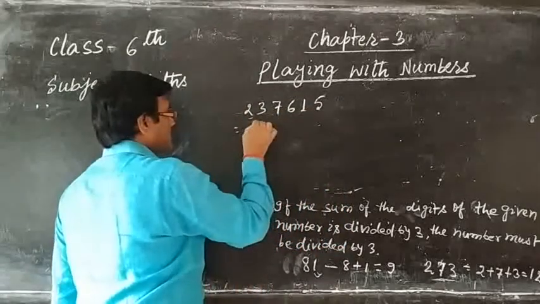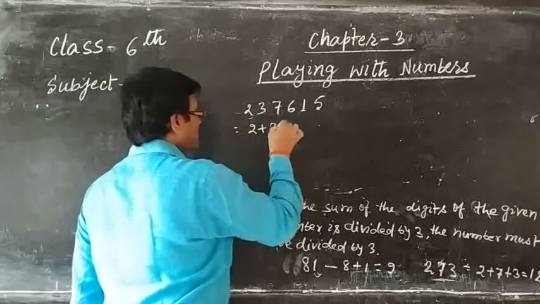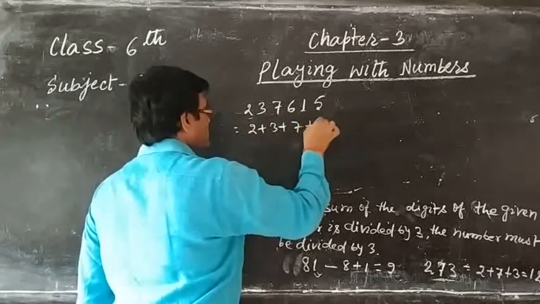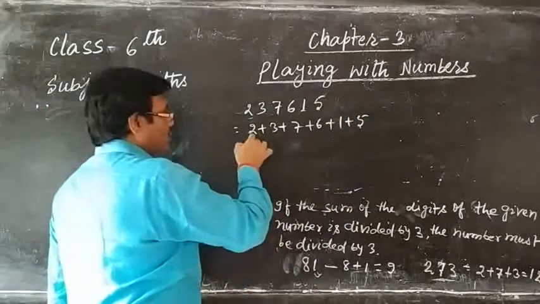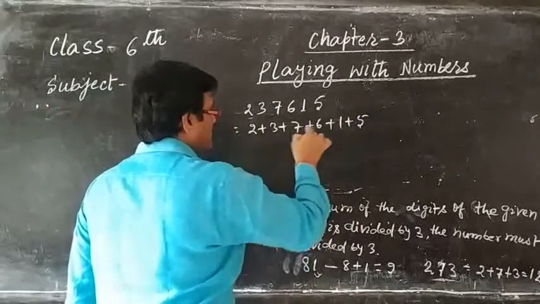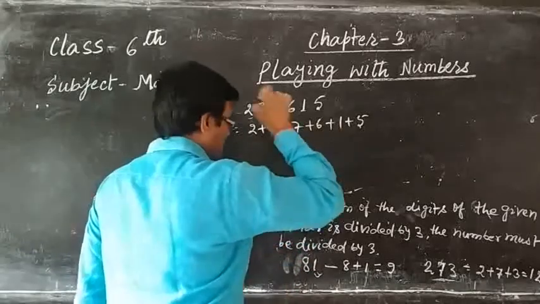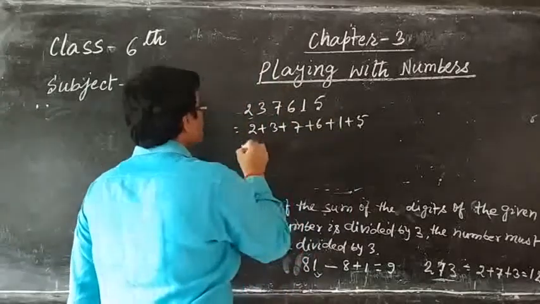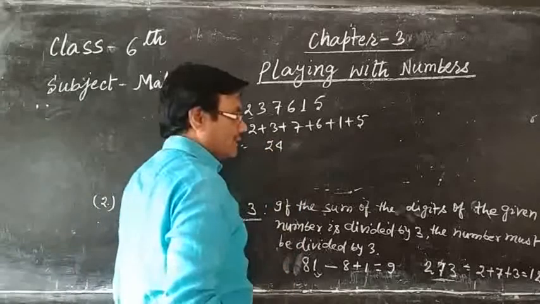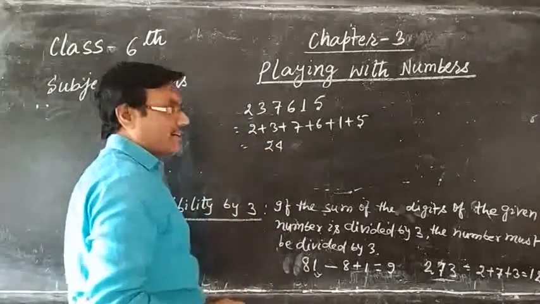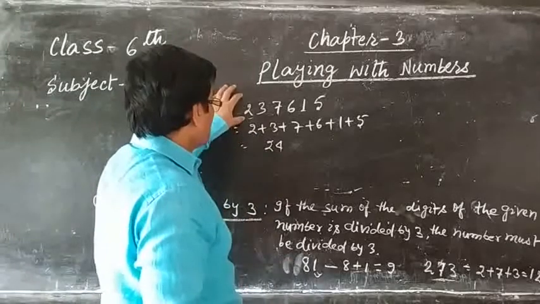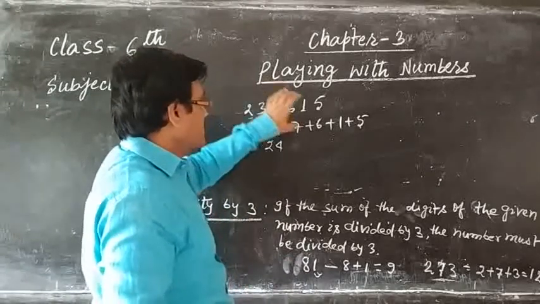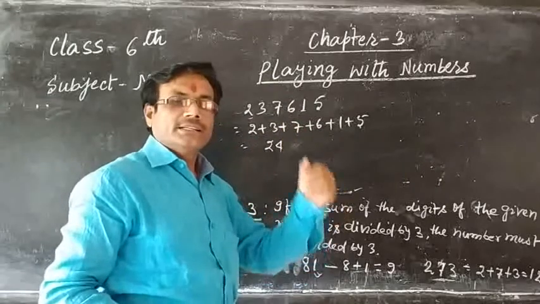Just add the digits: 2 plus 3 plus 7 plus 6 plus 5 plus 0. So 2, 5, 12, 18, 23. So 24 is divisible by 3. So the number 2,37,650 must be divisible by 3.